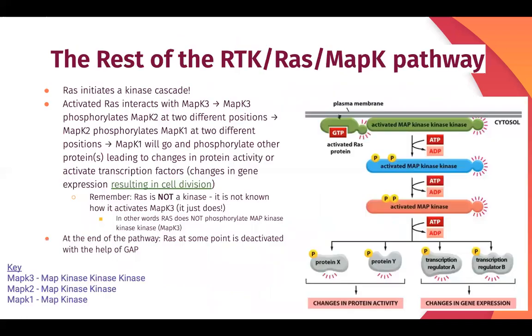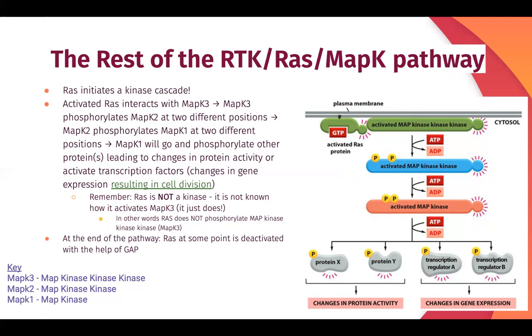And so we continue on in the pathway, and this initiates a kinase cascade. So this is where we get all of our MAPKs. So RAS activates MAP kinase, which is at the top in green. And so we call that MAPK3. And it is important to mention that RAS is not a kinase. RAS does not phosphorylate MAPK3. It activates it in some way that we are not sure about.